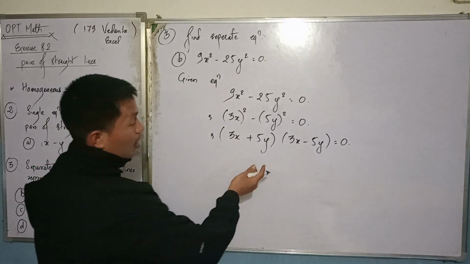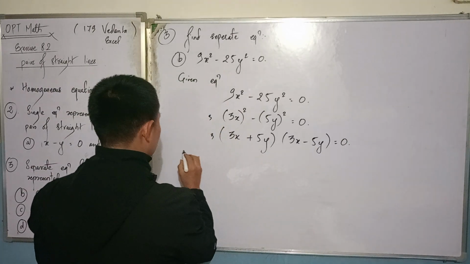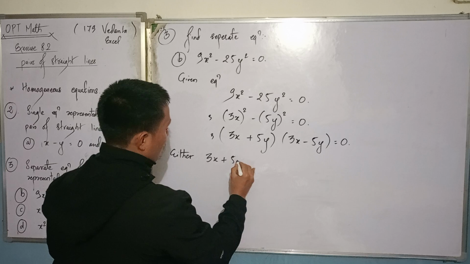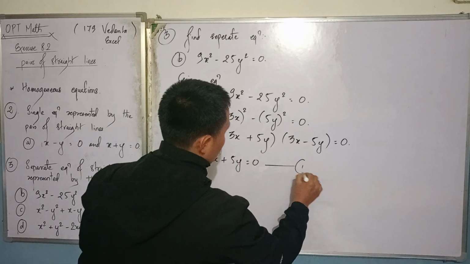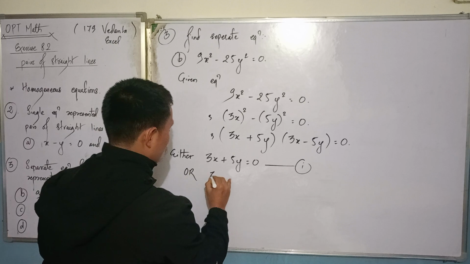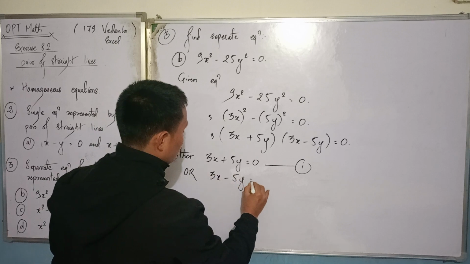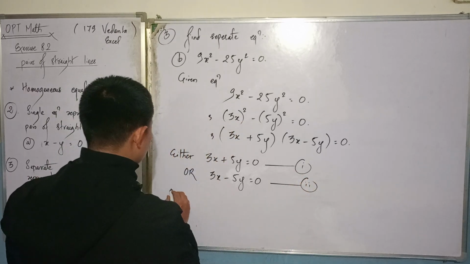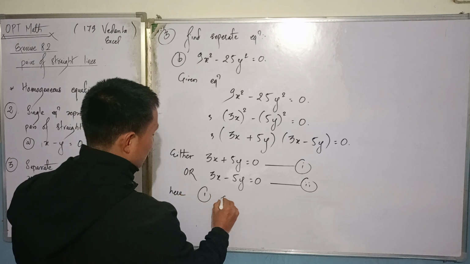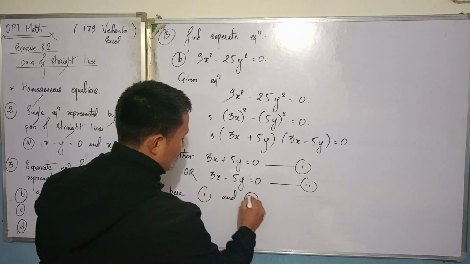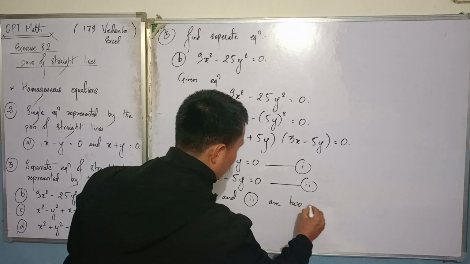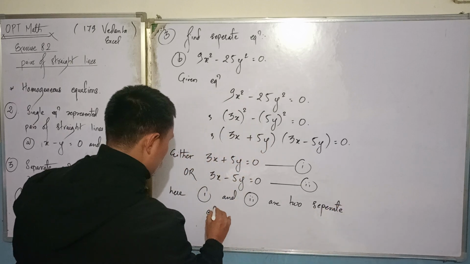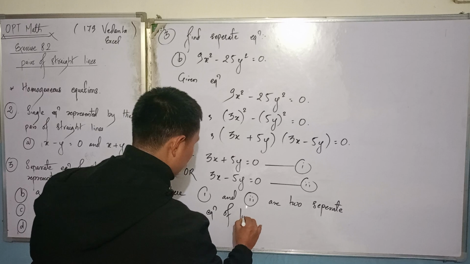So now either 3x plus 5y is equal to 0 or 3x minus 5y is equal to 0. These two, I and II, are the two separate equations of lines.